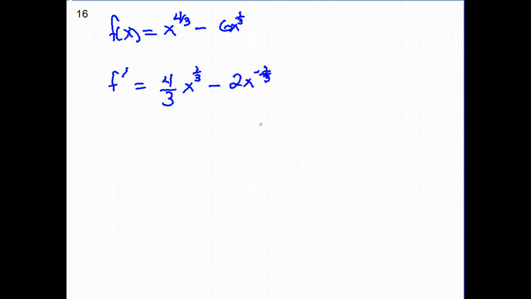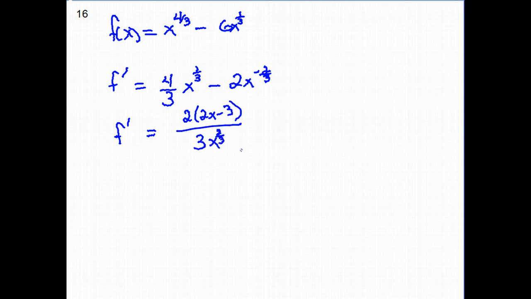Alright, so we're going to have to use a little algebra here, and I'm going to let you do the algebra on your own. And when you simplify this, you should get f prime equal to 2 times the quantity 2x minus 3 all over 3x to the 2/3.